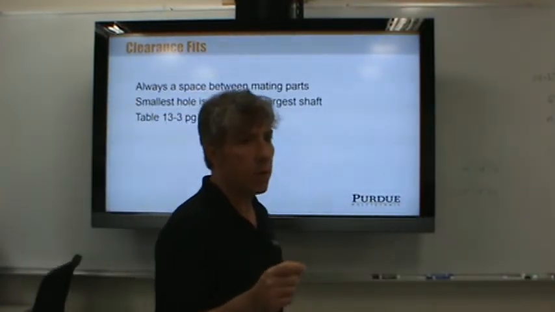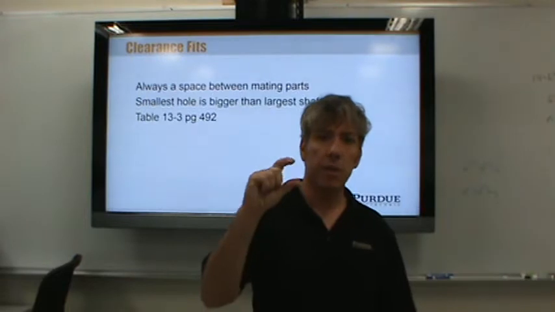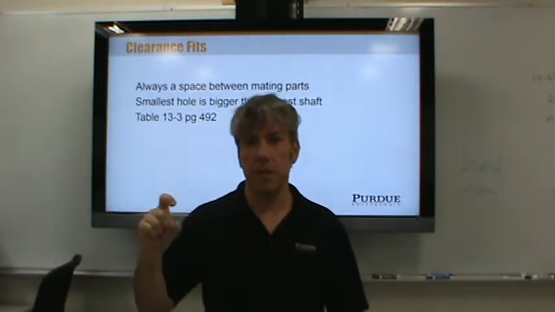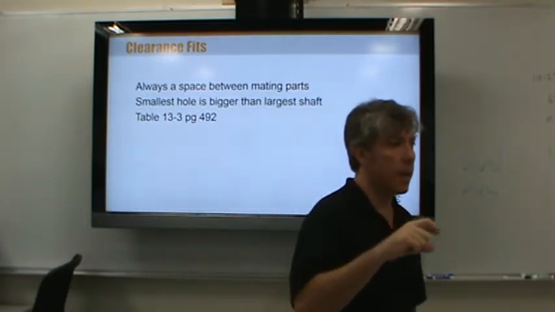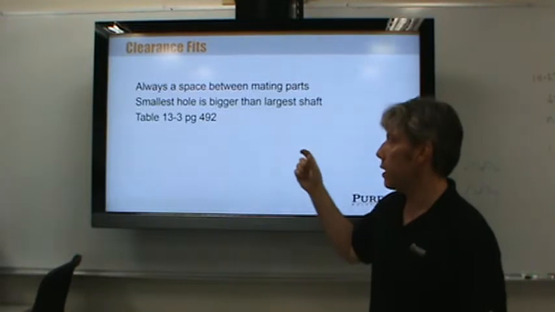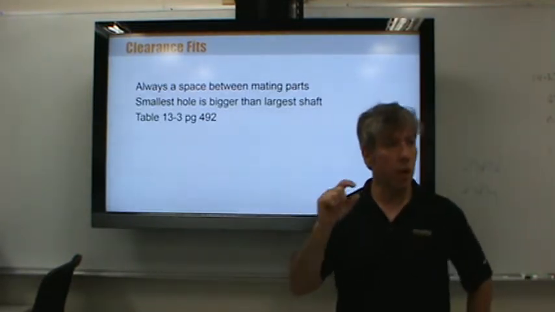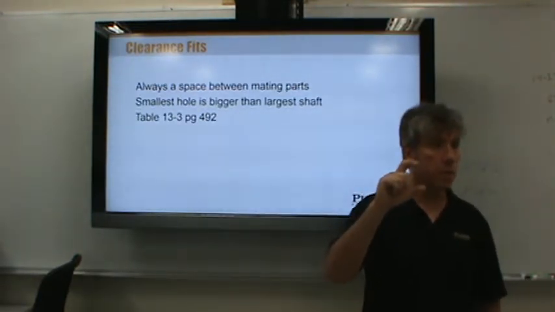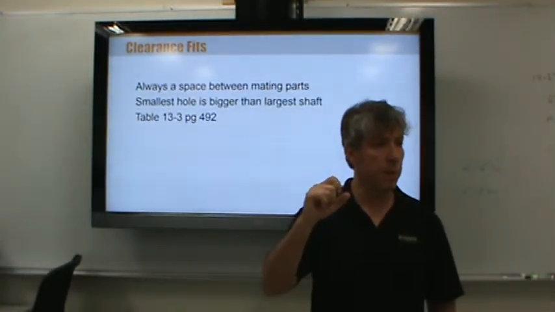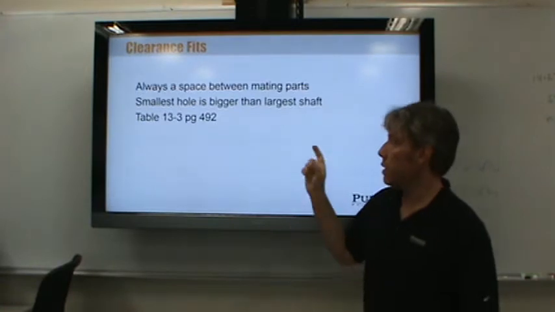Because you remember, if we're talking about making a shaft, there's going to be tolerances on it. It's going to vary, right? Each part is going to be a little bit different. But as long as the male part is within tolerance and the female part is within tolerance, then the largest possible shaft in the tolerance zone will be smaller than the smallest hole for the female part. Does that make sense? So that's a clearance fit.